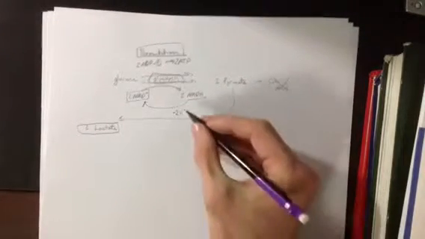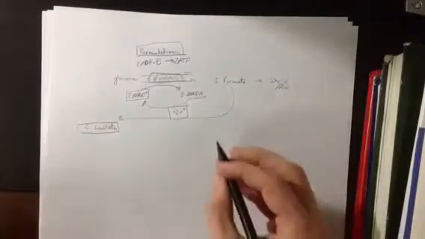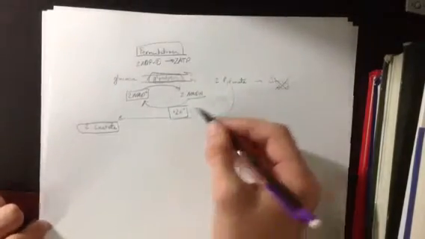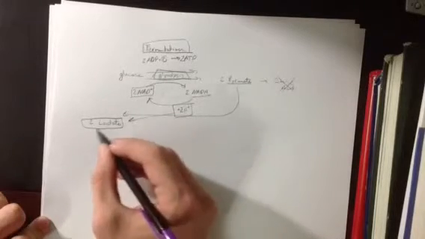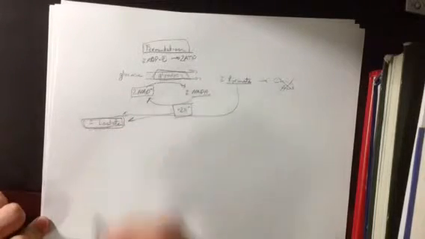But you don't have any oxygen to create water out of them, so instead the hydrogen is added to pyruvate, which forms lactate, which creates lactic acid.